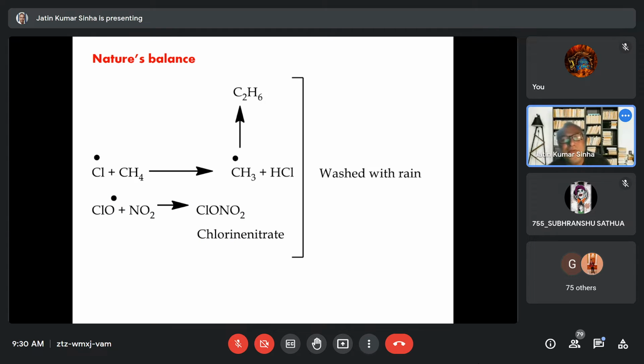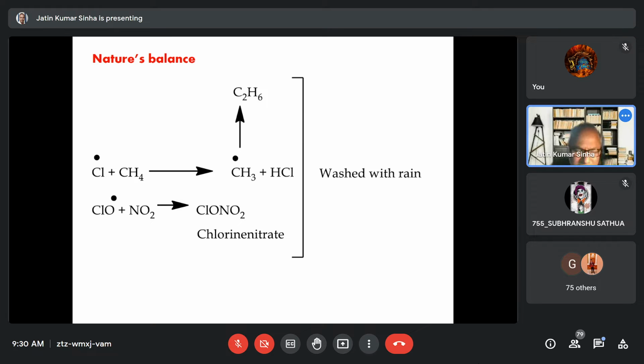Now, we know that we have these pollutants in nature. How does nature play a role in tackling them, in consuming these harmful radicals? The chloride radicals react with hydrocarbons to give you a methyl radical and HCl. This methyl radical again gives you back the ethene gas. So in a way, nature also plays its role in consuming these harmful radicals.